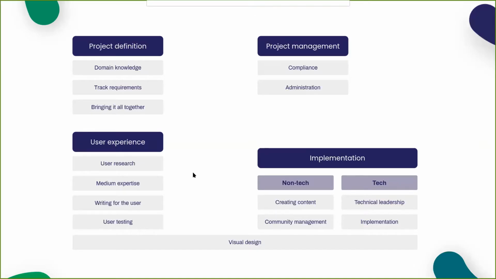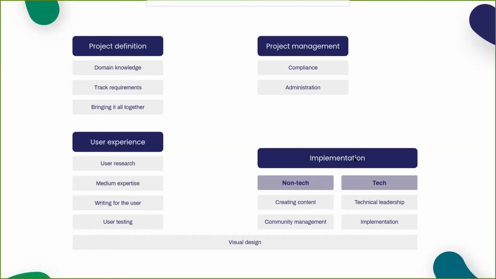When I try to group these considerations into something that makes sense to me, where I would go and ask someone to take care of this issue, these are roughly the groups I came up with. I've put domain knowledge, tracking requirements, and bringing it all together under project definition, compliance and administration, and I'm missing out coordination, under project management.